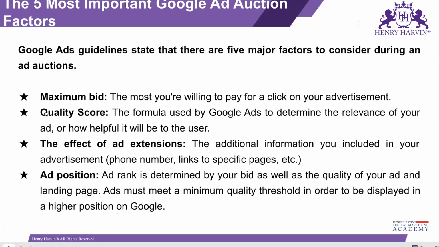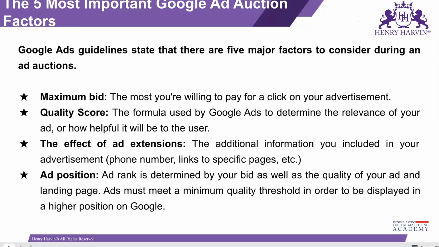Okay. Quality score, the formula used by Google Ads to determine the relevance of your ad and how helpful it will be to the user. We talked about this formula, and we talked about the formula for the price you will pay.